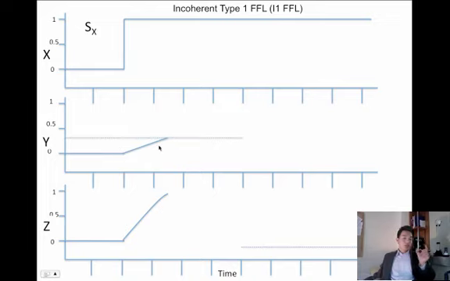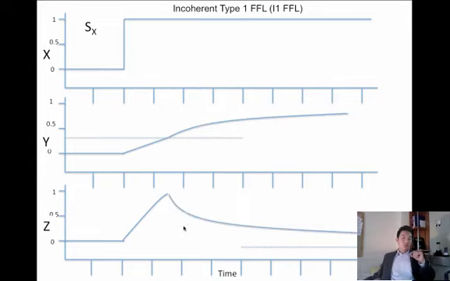So that's why for that time span, Z has the liberty to go and just produce itself. Once Y reaches the threshold of repression, then the repression of Z starts. Basically, this gives you the pulse nature of your incoherent type 1 FFL.